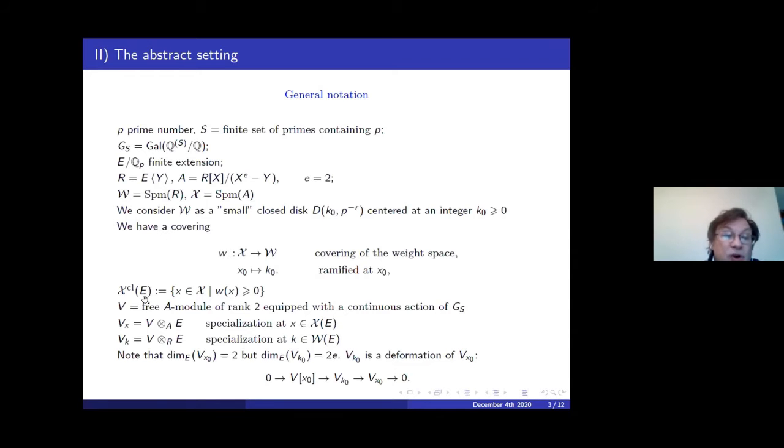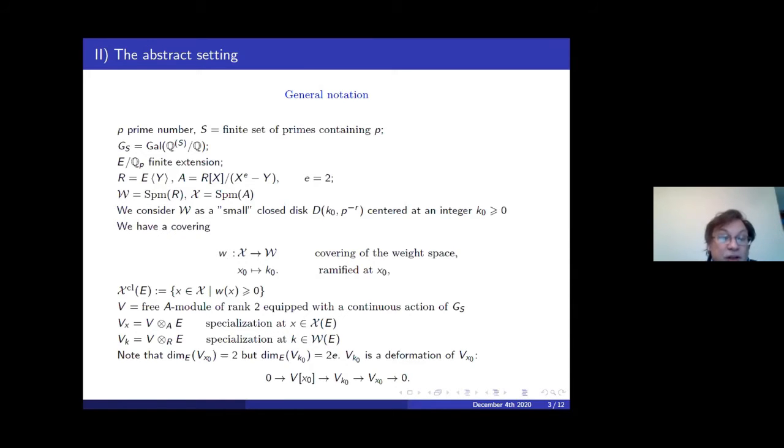Sometimes we will consider V as an A module, specialized at a point of X. Sometimes we will consider V as an R module and specialize with respect to a point of W.